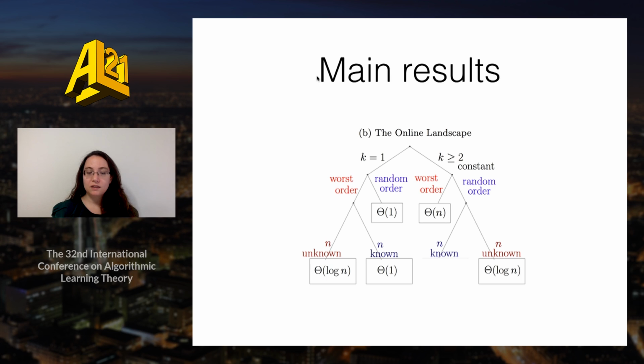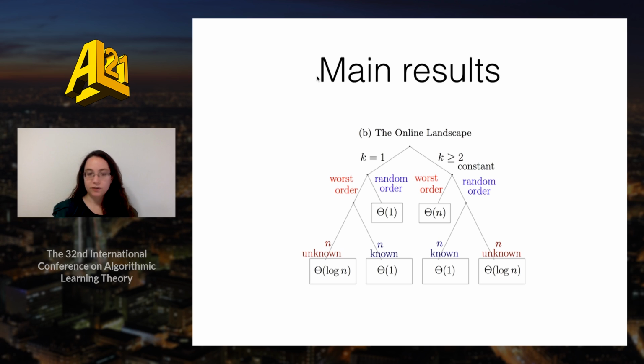In the case that we know what n is, the answer turns out to be constant approximation. So just by knowing what n is, we suddenly need only a constant number of centers.